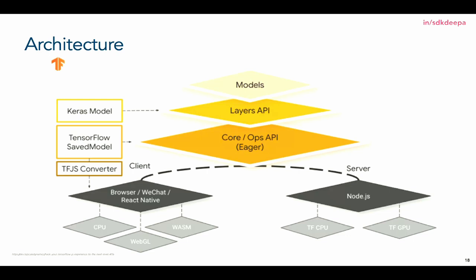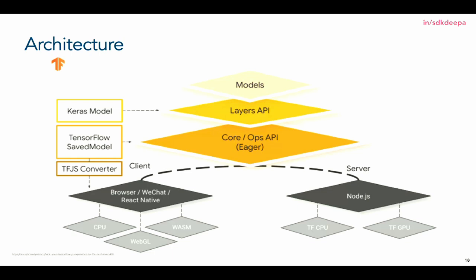Here, the Keras model is mainly for Python. If you're working on the web and if you want to use the Keras model, you can still use it along with the converter. I've not tried it, but personally, it is possible. And you can also have it under the client side.